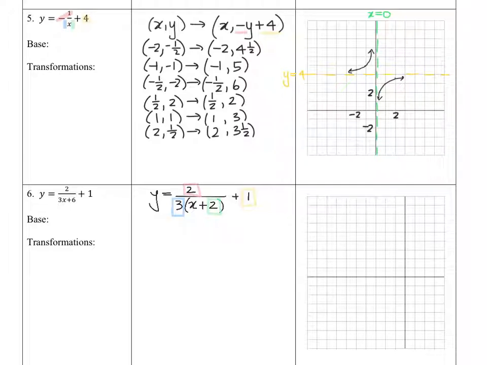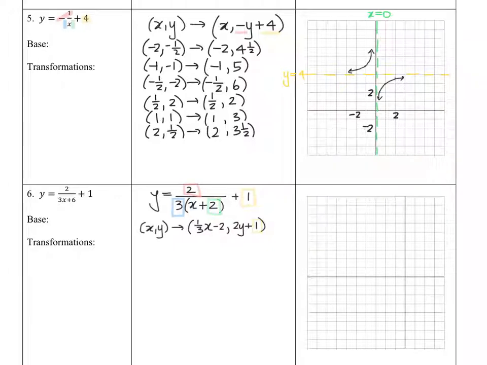So based on that information, we can write down our mapping notation formula as (x, y) becomes (1/3 x - 2, 2y + 1). And this is the 1.